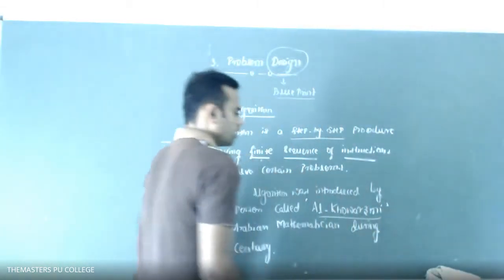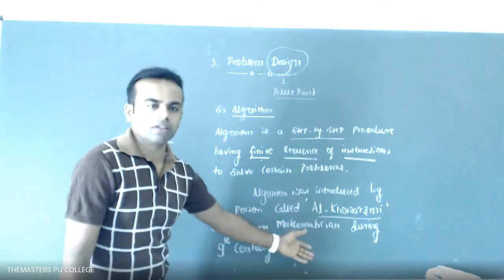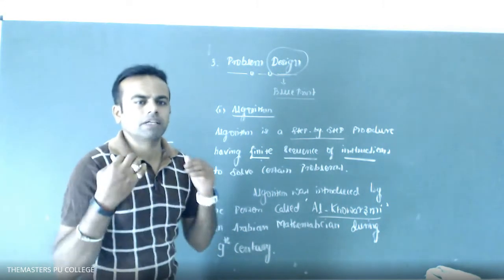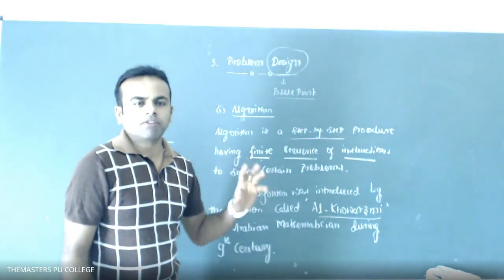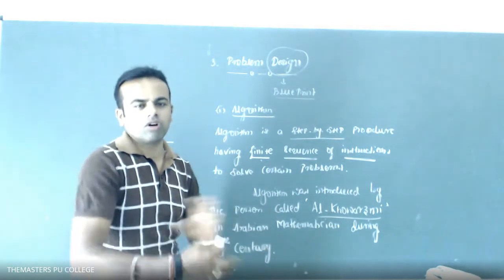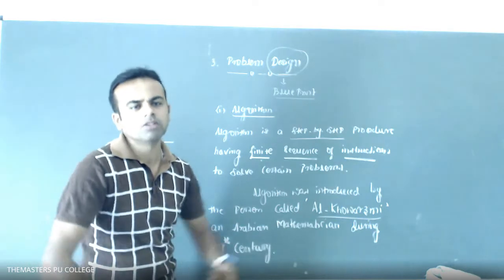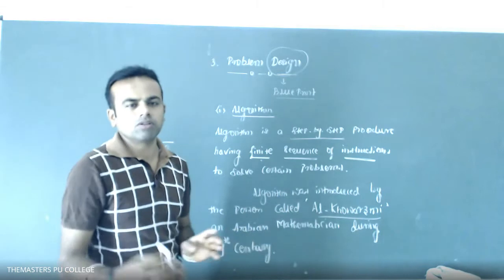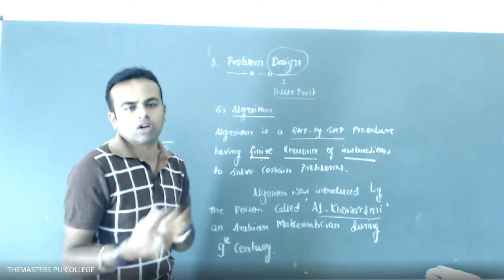The problem solving technique that Al-Khwarizmi introduced has been named after him, and the starting letters of his name give algorithm. He gave a sequence of instructions, a step-by-step procedure to solve any kind of problem. So in memory of Al-Khwarizmi, they named the step-by-step problem solving procedure as algorithm.